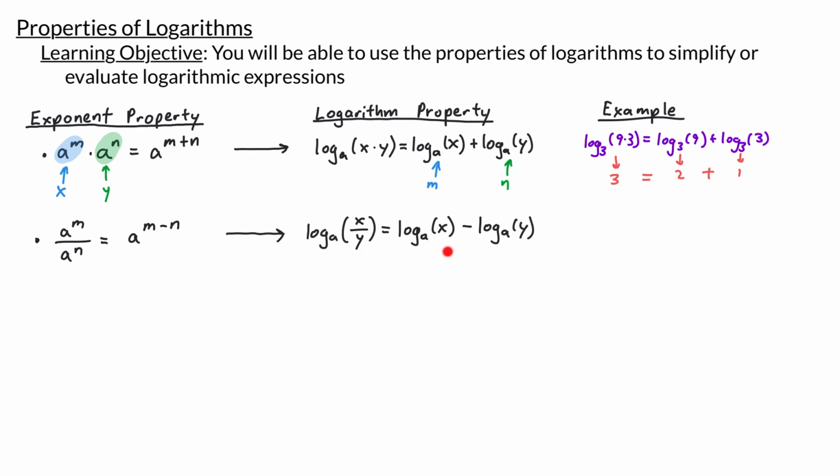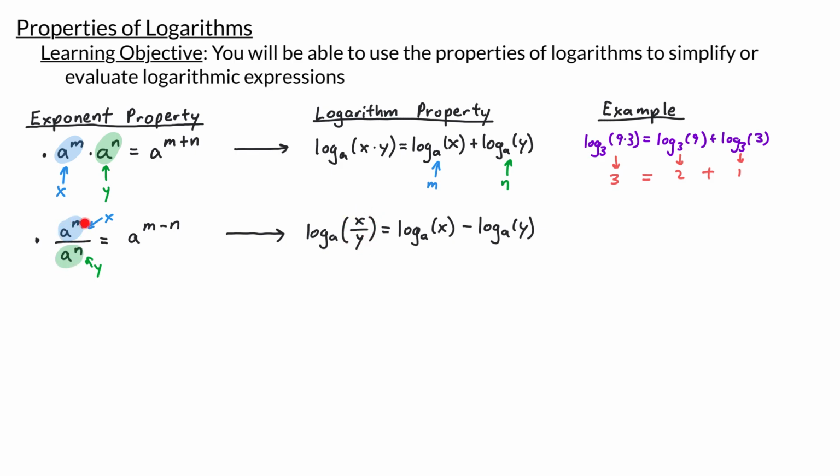Again, we can see how this log property is related to this exponent property if we label the a to the power of m here as x and a to the power of n as y. So when we ask log with base a of x divided by y, we're asking a to what power gives us x divided by y?